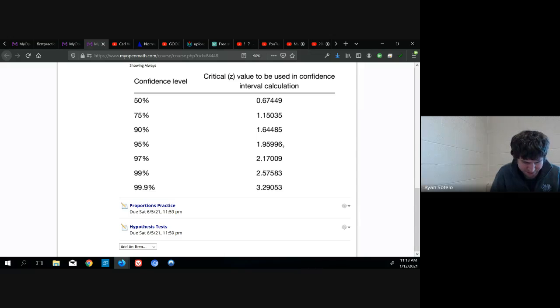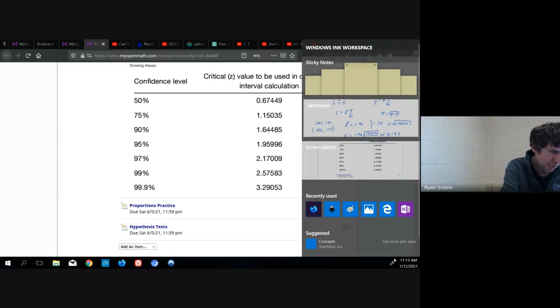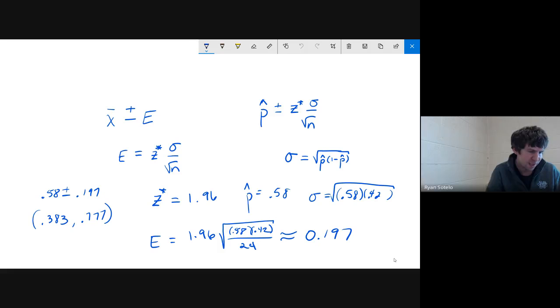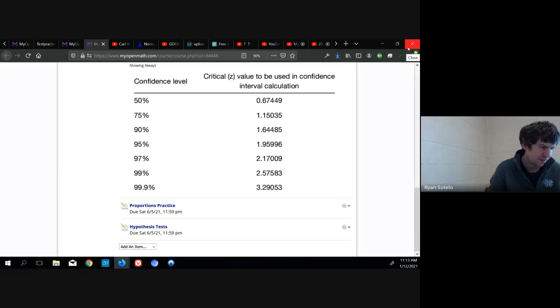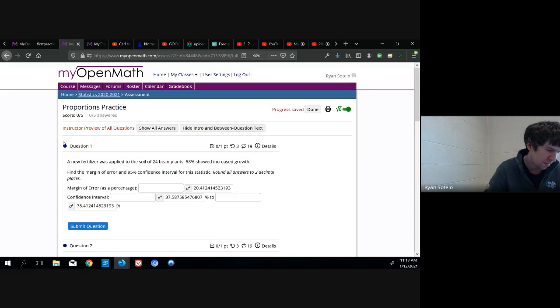No, I got the same. I don't know why it's a little off. For some reason, theirs is a little different than mine. I got 0.197 here, well, 19.7, not 20.4.